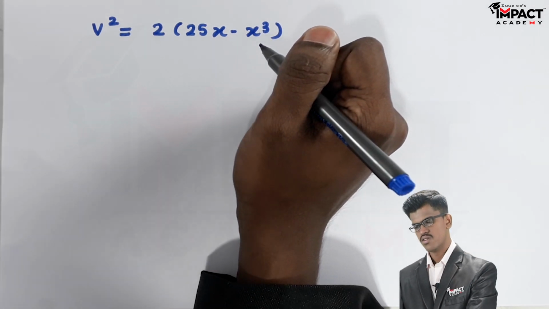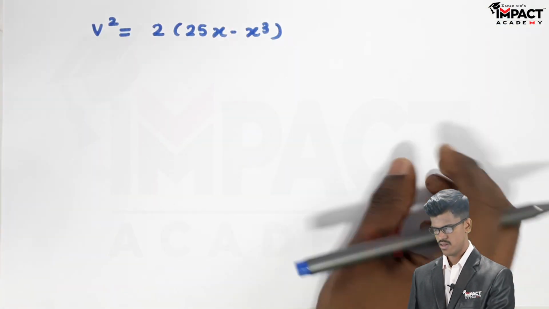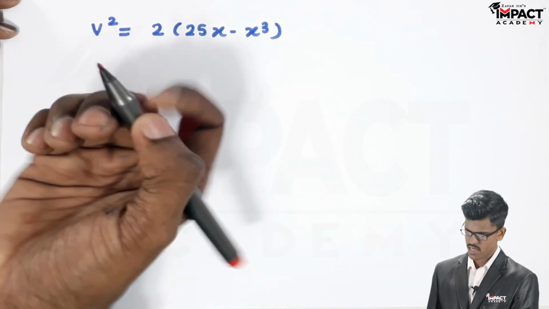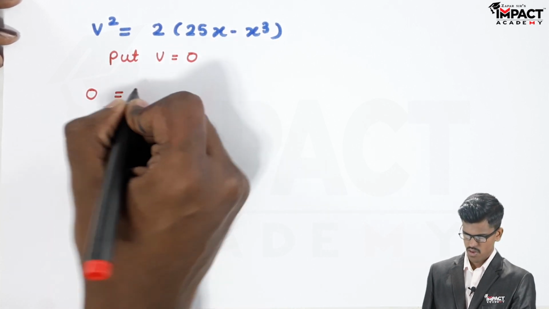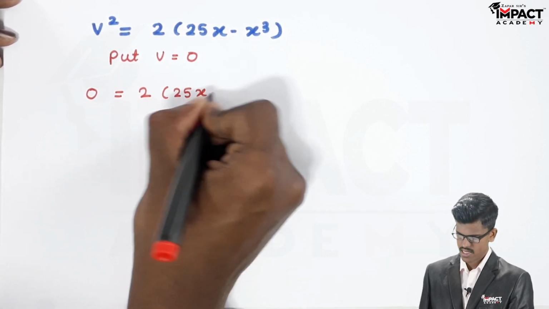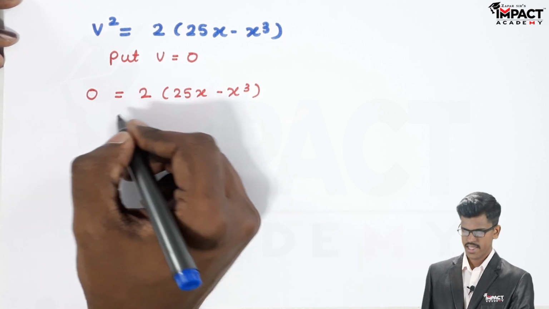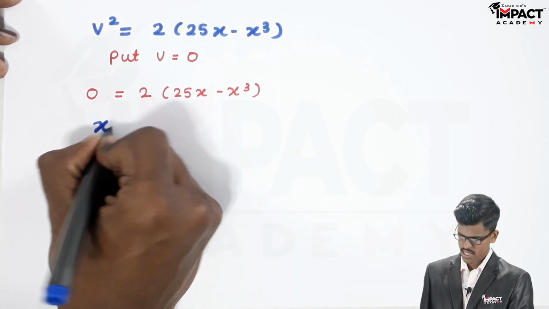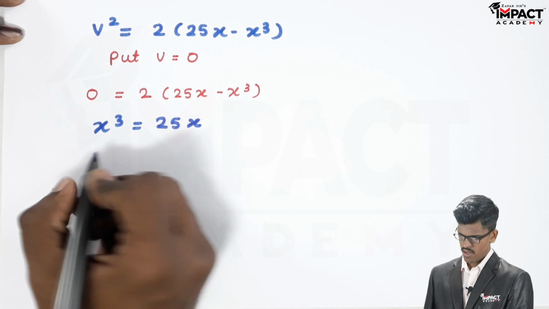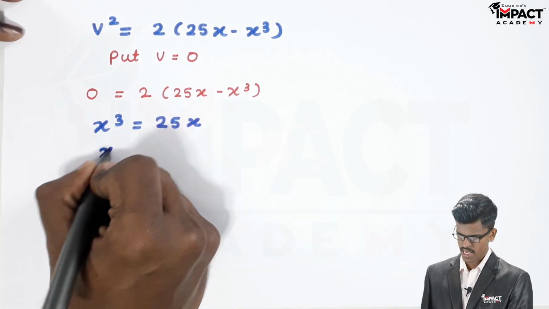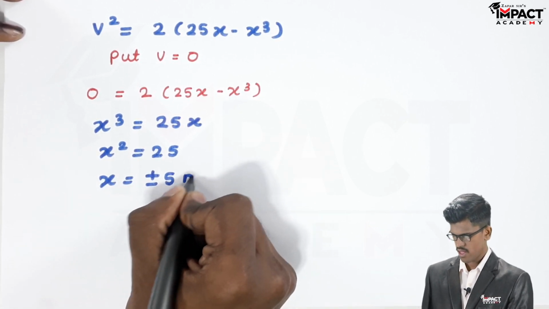They ask what is the position of the particle when velocity is 0, so just substitute v = 0. So 0 = 2(25x - x³). The 2 on the left hand side becomes 0, so the equation becomes x³ = 25x. The x remains, so x² = 25 and x = ±5 mm.